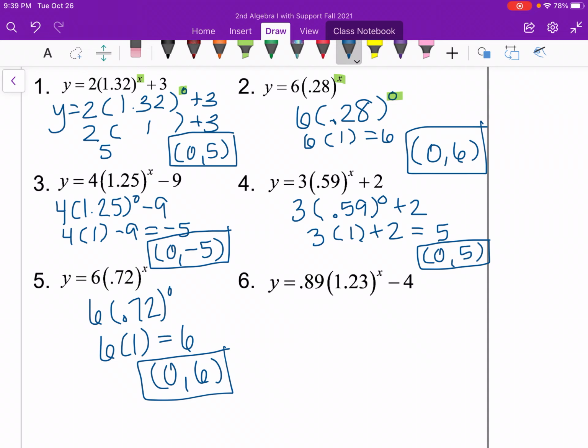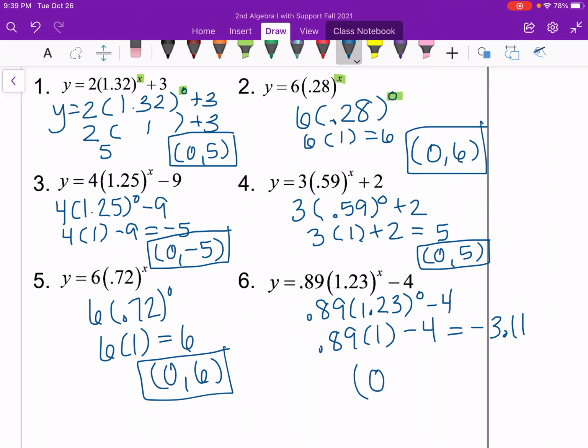And then the last one is 0.89 times 1.23 to the 0 minus 4. 1.23 to the 0 is 1, so I have 0.89 times 1 minus 4. 0.89 times 1 is 0.89, and then 0.89 minus 4 is negative 3.11. So this is 0, comma, negative 3.11.